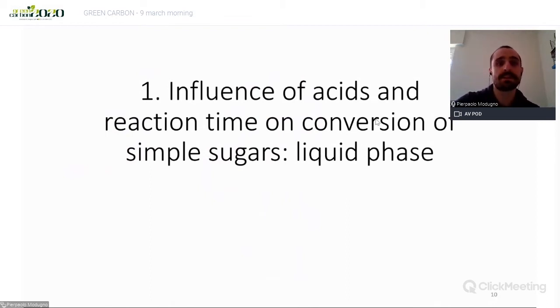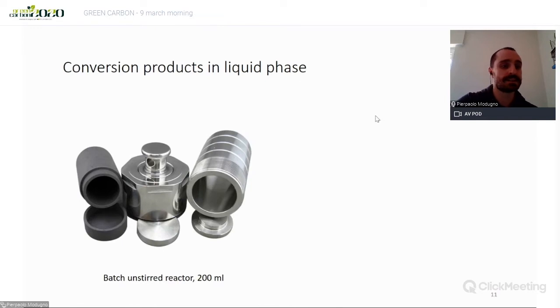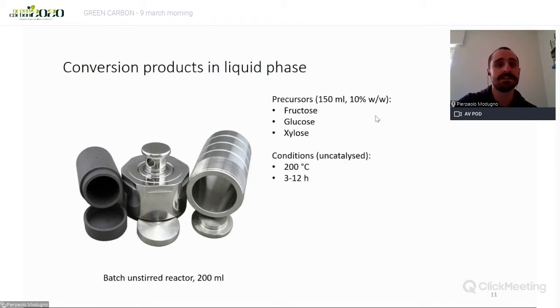The first part of my work is the influence of acids and reaction time on the conversion of simple sugars from the point of view of the liquid phase. I used a batch unstirred reactor. The precursors were fructose, glucose, and xylose. The conditions were 200 degrees and a reaction time from 3 to 12 hours.